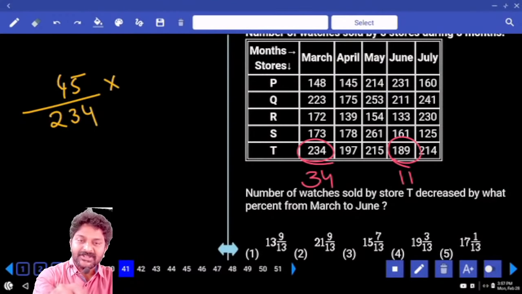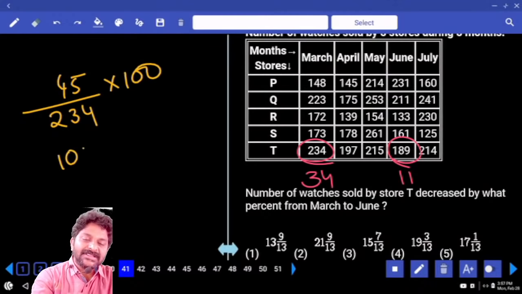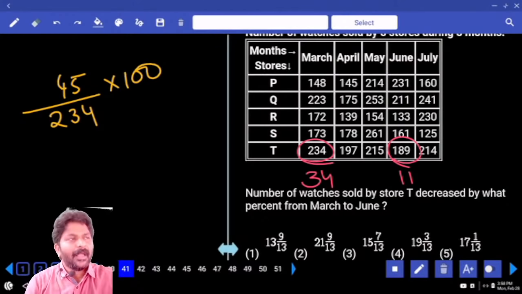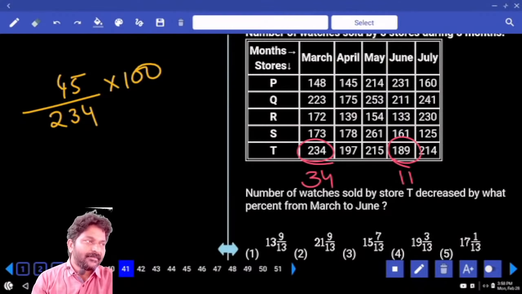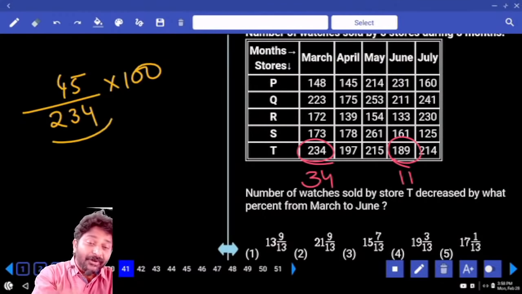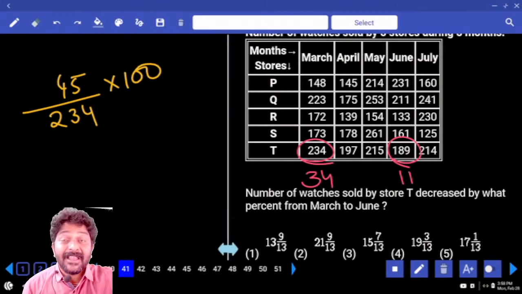From 234, percentage into 100. What is 10% of the denominator? 22, 23, approximately. 25. 5%. I am asking for the 5% value.